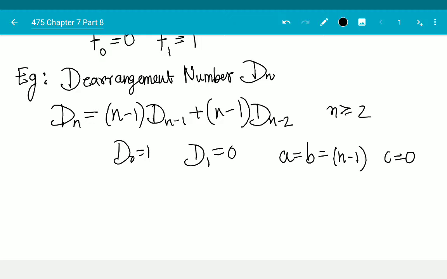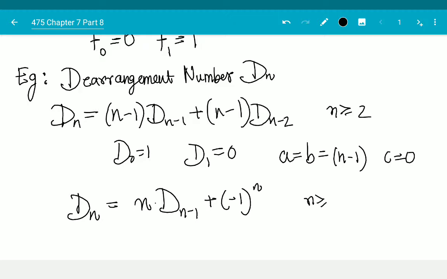There's another way of looking at the same thing. These numbers D n are also n times D n minus 1 plus negative 1 to the n, for n greater than or equal to 1, and in that case, we just need D 0 is equal to 1.